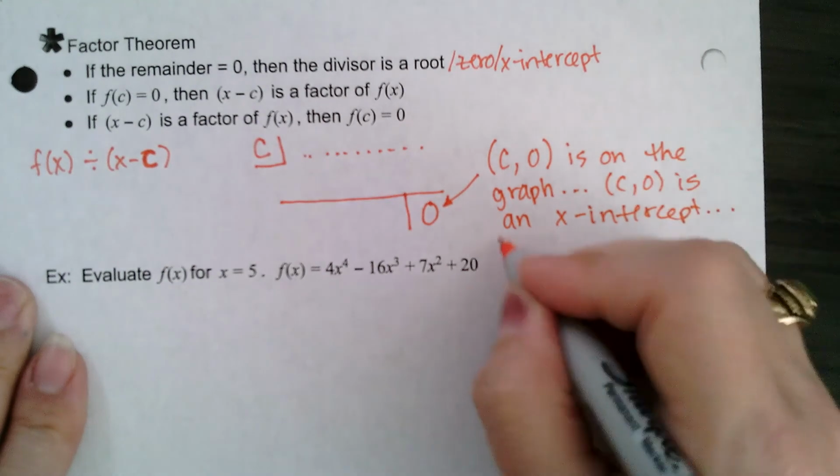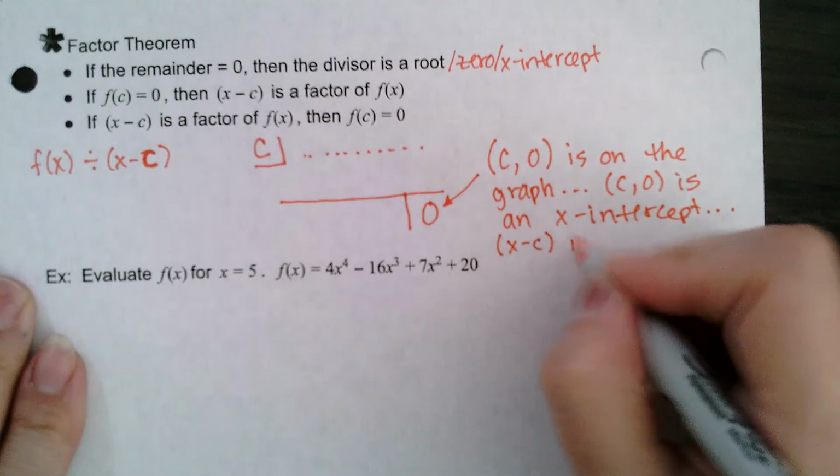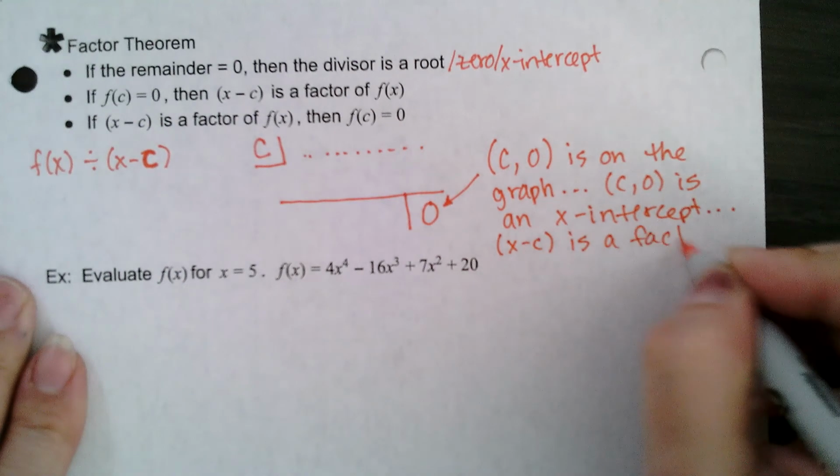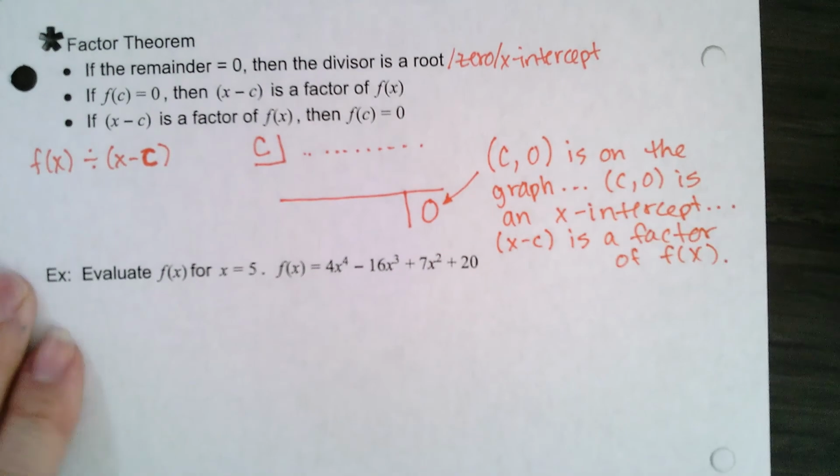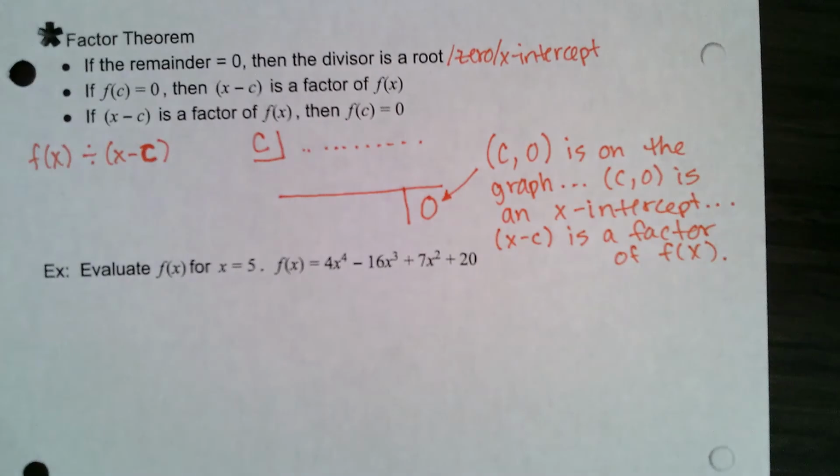That also means that x minus c is a factor of f of x. So we can use that to break down big polynomials into smaller polynomials and then eventually get a fully factored polynomial where we couldn't use regular factoring techniques in the past.